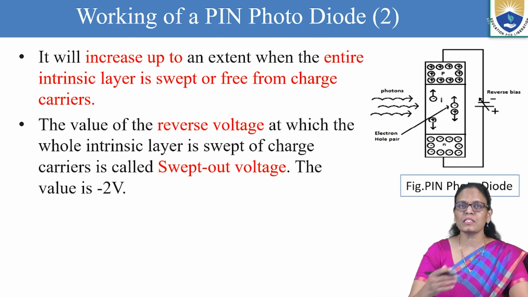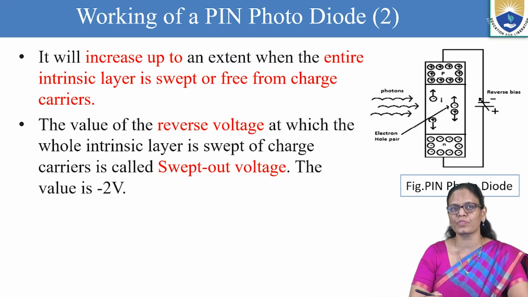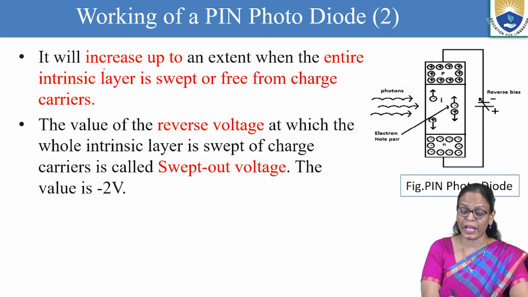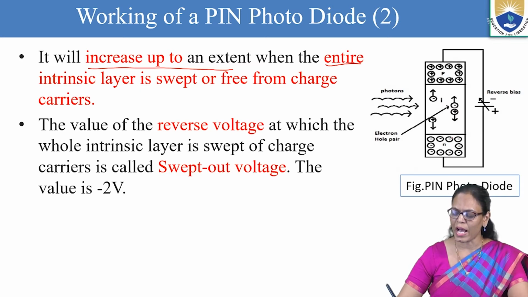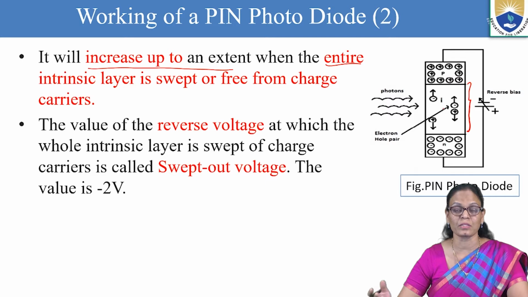Now this increase in the width of the depletion layer will continue to an extent where the entire intrinsic layer is swept free of charges. As the depletion layer increases, the whole intrinsic region is swept free of free charges, which means the whole intrinsic region is now free of charge carriers and you will call it a depletion layer.